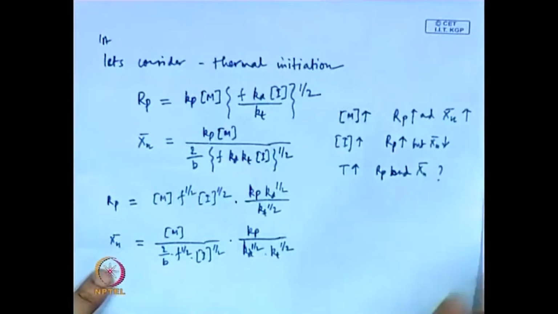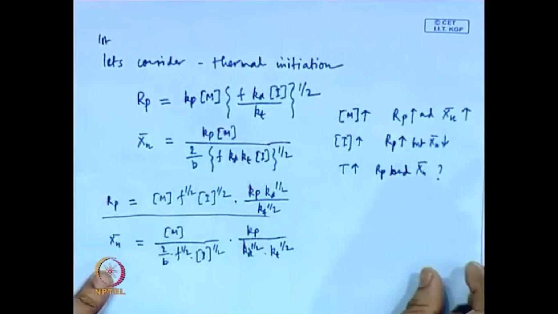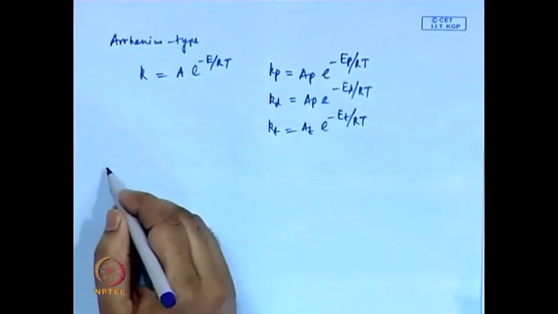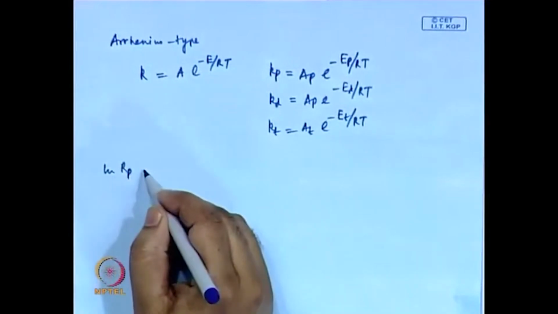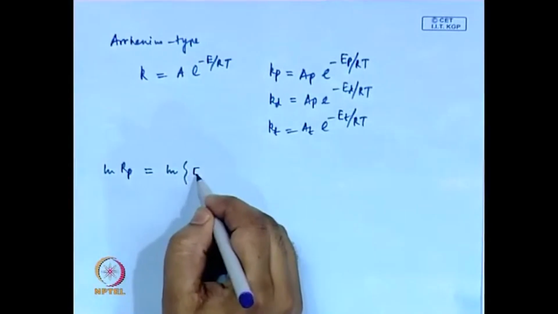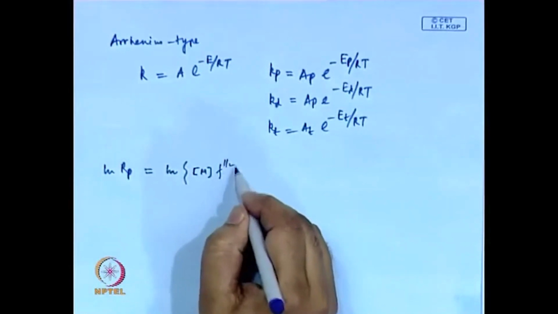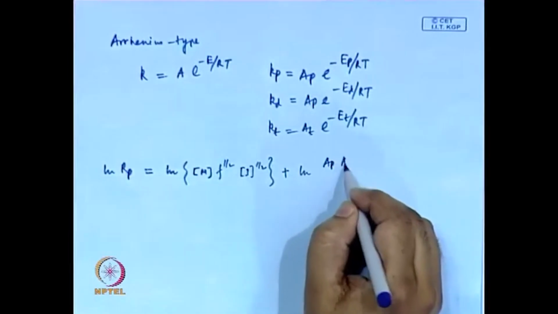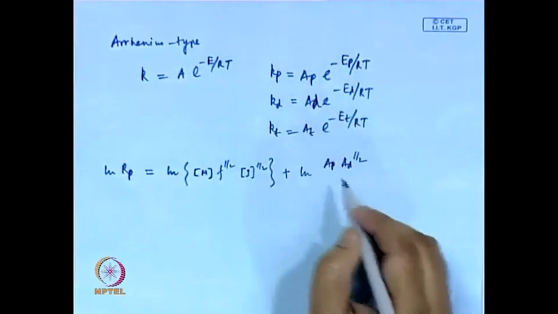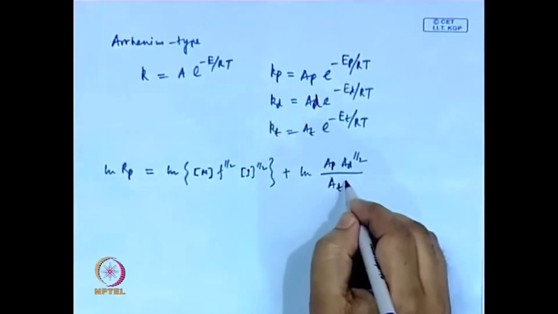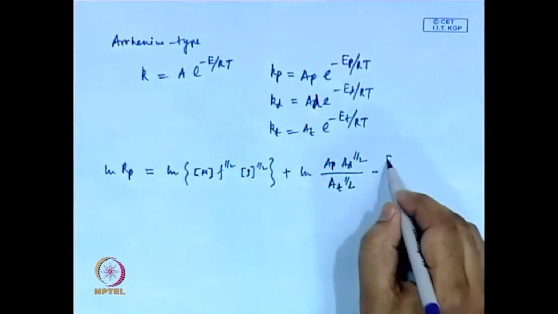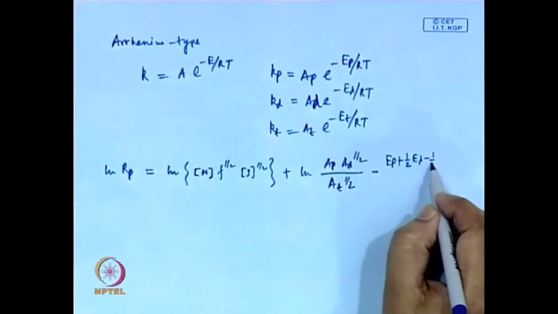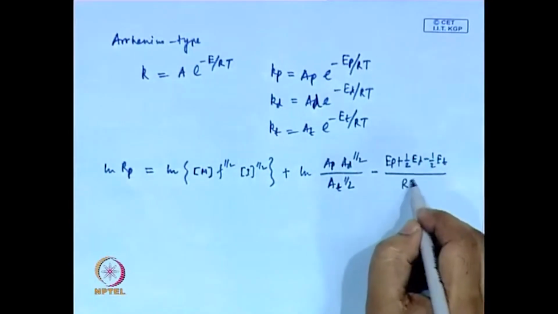So, I can take this expression and write the K terms in terms of the Arrhenius equation, or I can simply write ln Rp from that earlier expression as ln of [M] f to the power half [I] to the power half, plus ln of Ap Ad to the power half At to the power half, minus (Ep plus half Ed minus half Et) by RT.